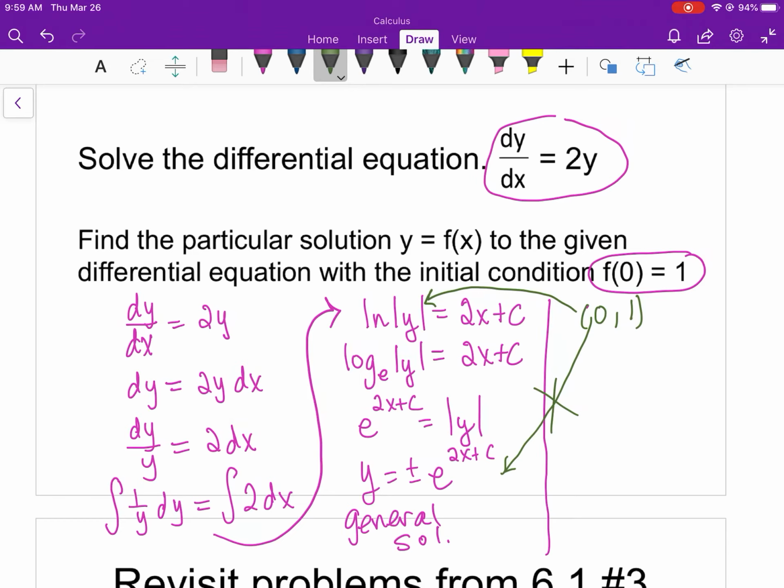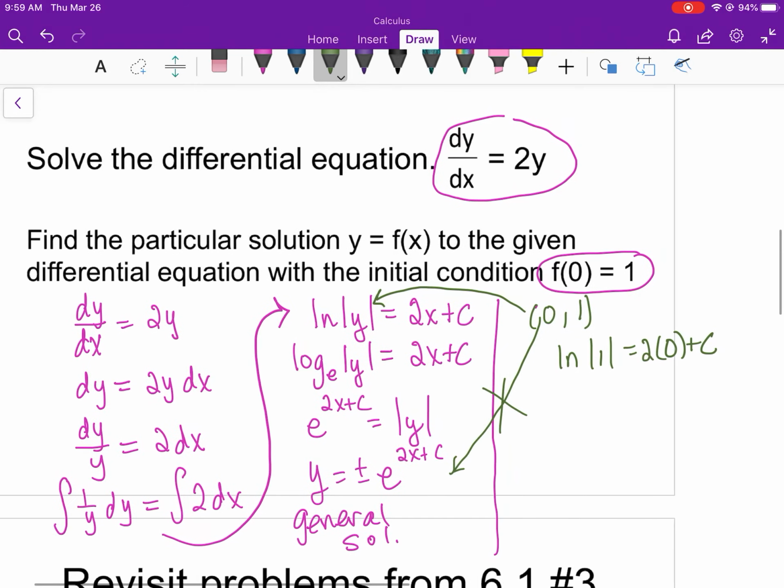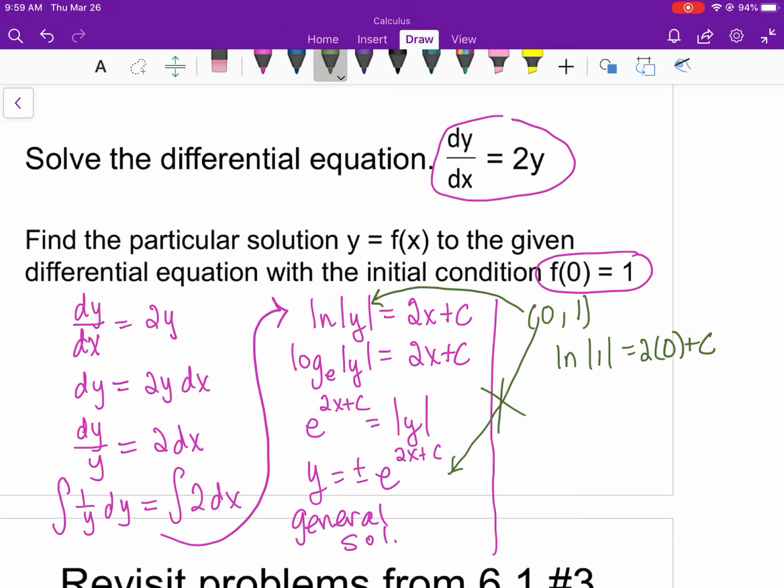Start up here before you solved it for y. So we're going to have the ln of y equals 2x plus c. All right, so 0 equals c. And now our equation is plus or minus e to the 2x plus 0.